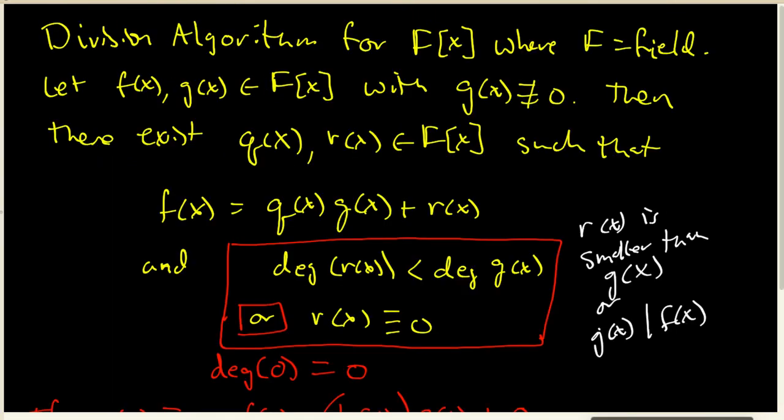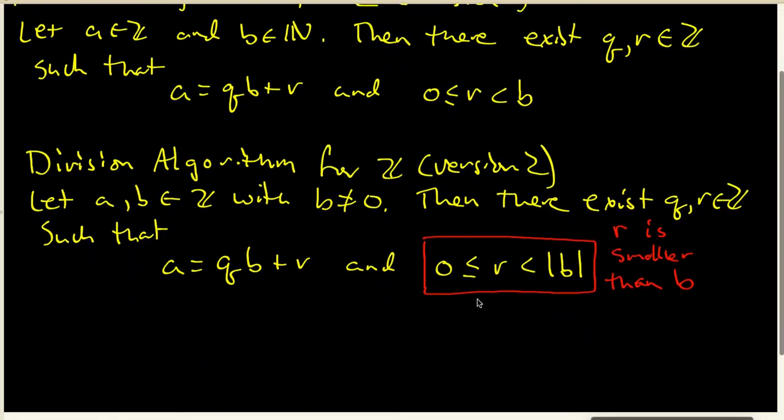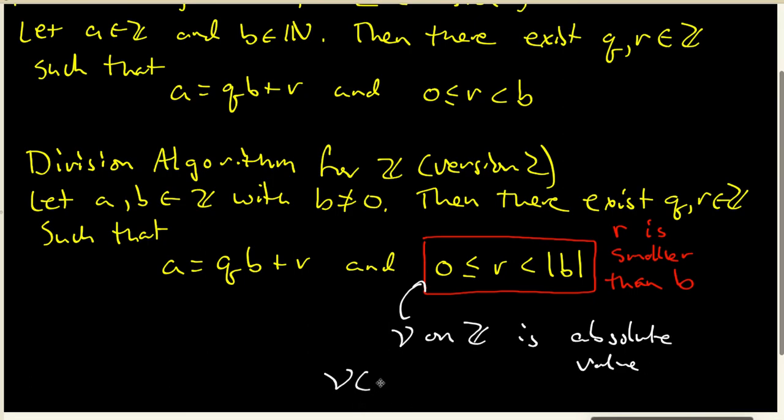So if we go all the way back to the integers, this thing right here says that nu on the ring of integers is just absolute value. So nu of any k is just going to be the absolute value of that k.